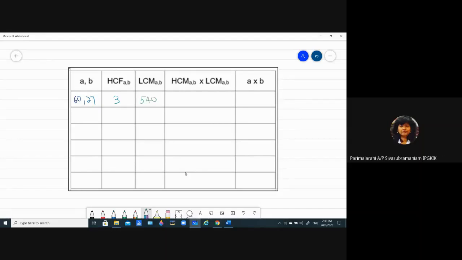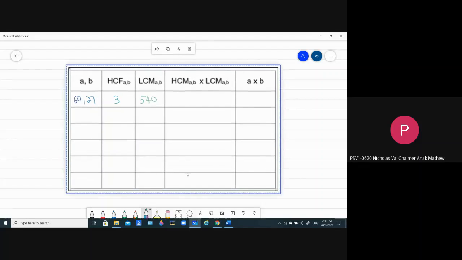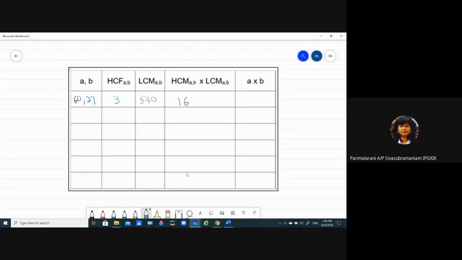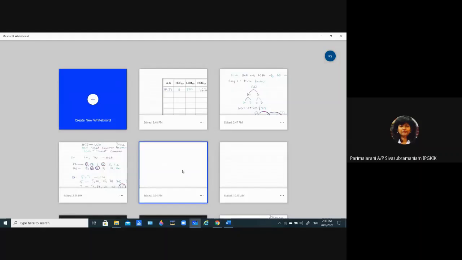So if we multiply these two, 540 multiplied by 3, we get 1,620. And A times B, 60 times 27, is also 1,620. So we'll come back to this later, because we're going to do another example.